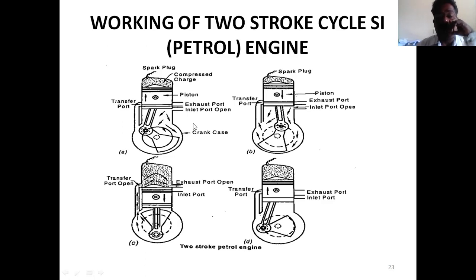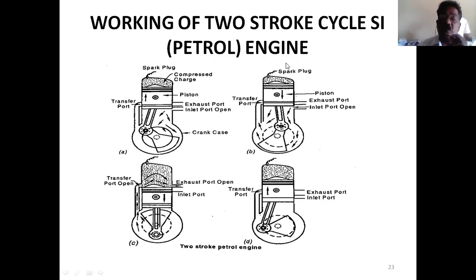As the piston moves upward, the inlet port opens and the air-fuel mixture enters the crankcase. Because it is a two-stroke engine, the four processes have to be completed in two strokes.